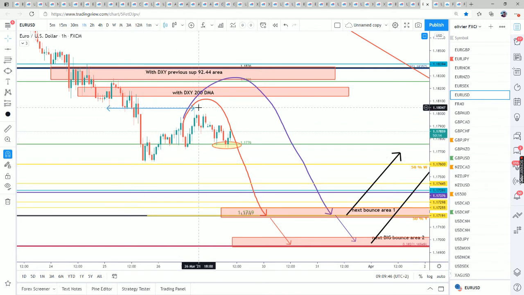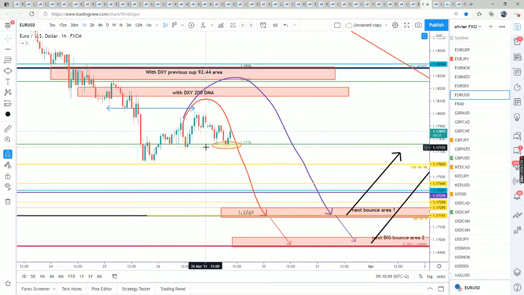We stopped here. I was looking a little bit higher in this area because that's where was the 200 DMA on Friday. Now the 200 DMA of the DXY, which is the guideline, is a little bit higher, so that's why I moved this rectangle a little bit higher.